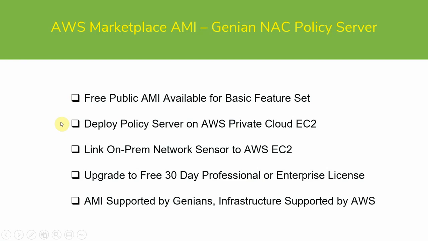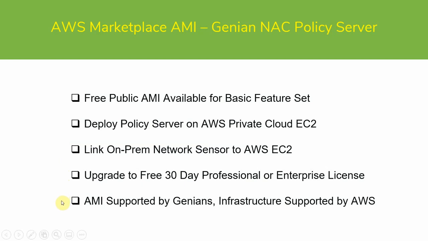This allows customers to deploy the policy server on existing AWS private clouds as an EC2 instance. During the video, we will cover how to link an on-prem network sensor to the AWS EC2 instance. We will also demo how to upgrade from the basic version to a free 30-day professional or enterprise license.